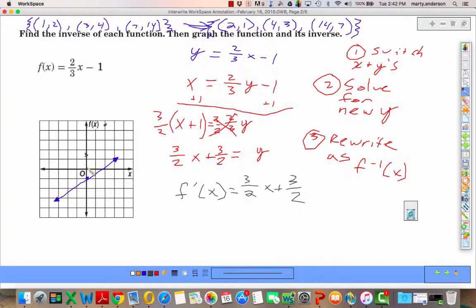Or down 1, 2, 3 and left 1, 2. And we have a line.